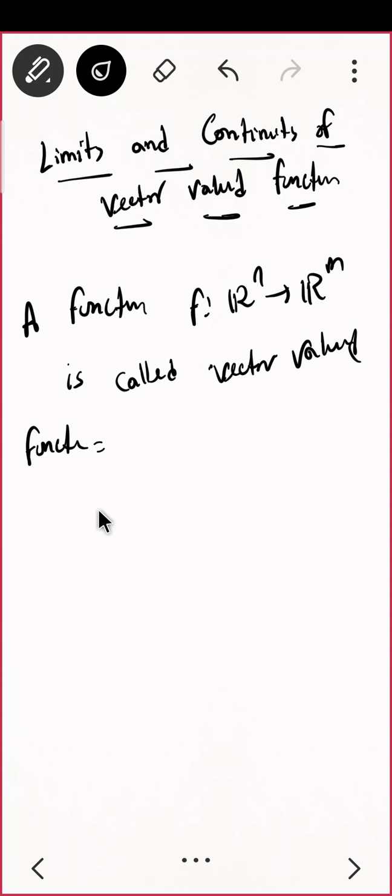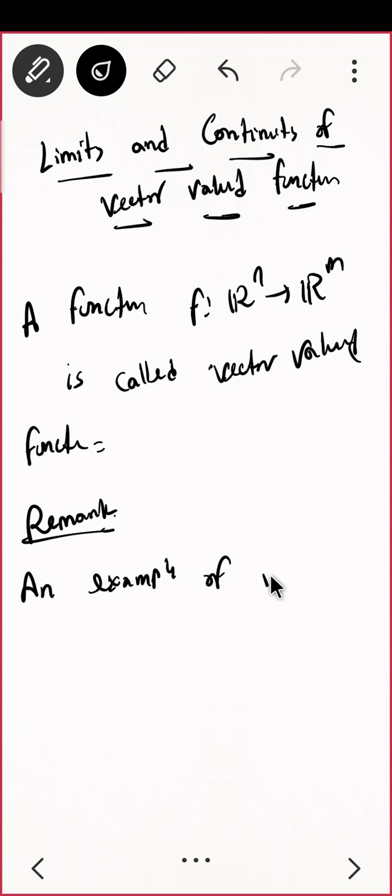Yes, now let us read some remarks. Earlier, what was the physical example of a scalar valued function? We gave pressure, correct? If you remember. So here also, an example of a vector valued function, VVF, is force.